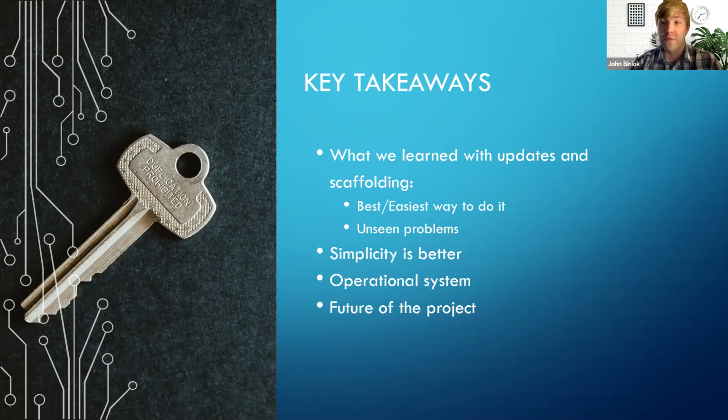But we were able to fix all of those and come out with a finished product. We also learned that simplicity is better. There's not really a need to overcomplicate what should be simple. We don't need too many ways to do the same things because we don't want to confuse the users.